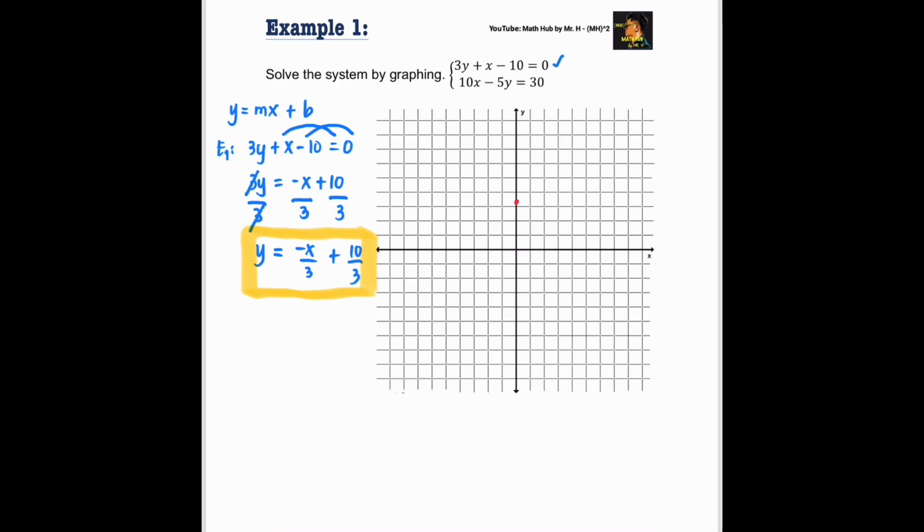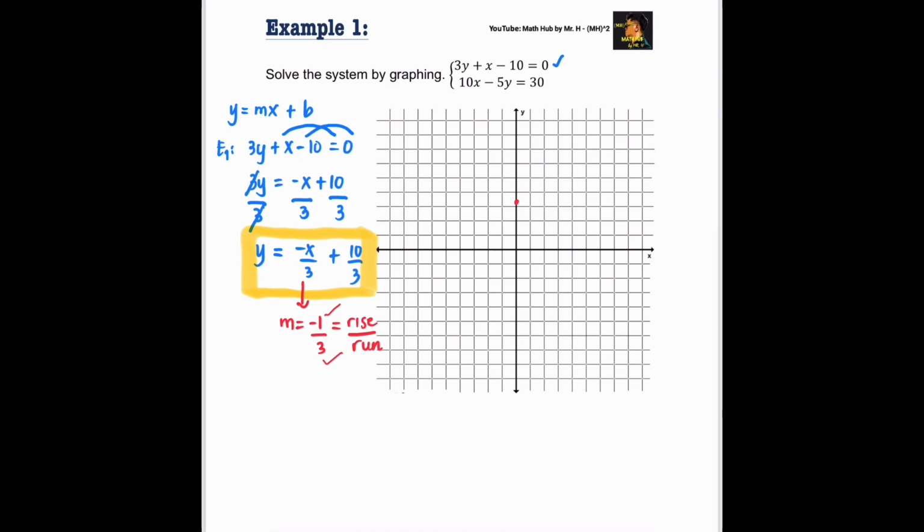And for us to find the other points, we will next apply the slope, which is the m, or the numerical coefficient of the x term. From this equation, the slope is negative 1 over 3. And if you can recall, slope is the rise over the run. So since the slope is negative 1 over 3, from the y-intercept we will move 1 unit down, then 3 units to the right.